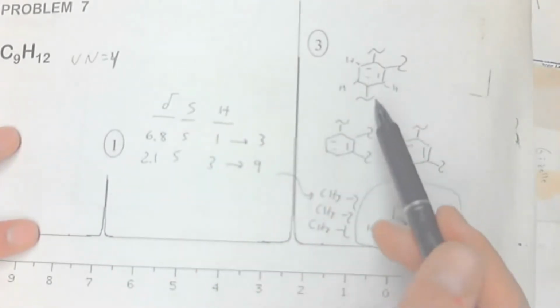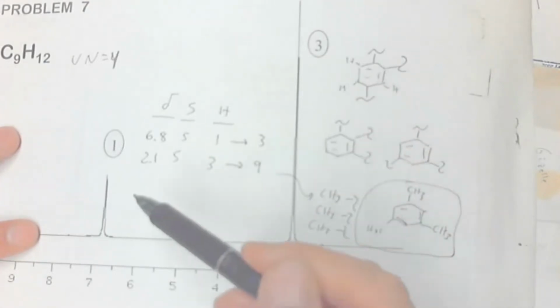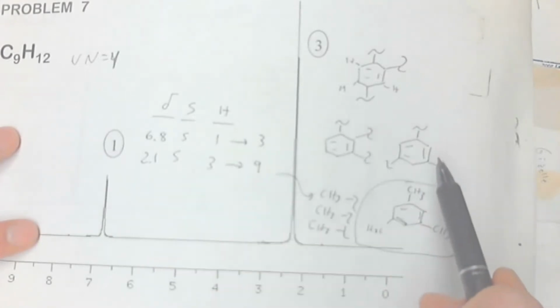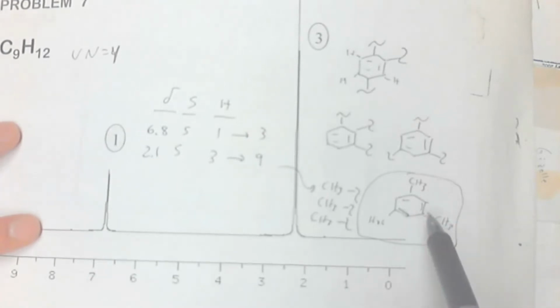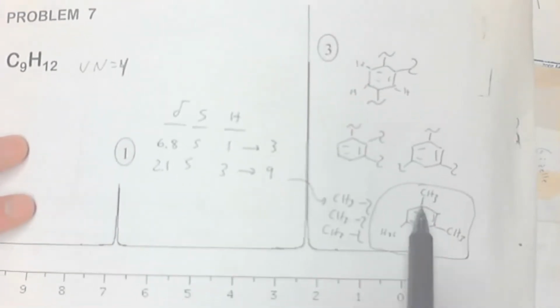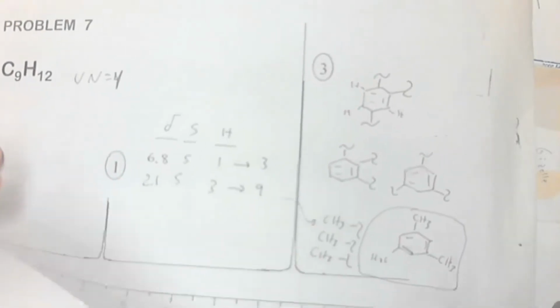These trisubstituted benzenes would be unlikely if you have a simple singlet, right? This would be way more consistent with something like this, where everything's identical. H, H, H are identical, right? Okay, so this is a little weird. I want to keep going because there's a couple more fun problems.